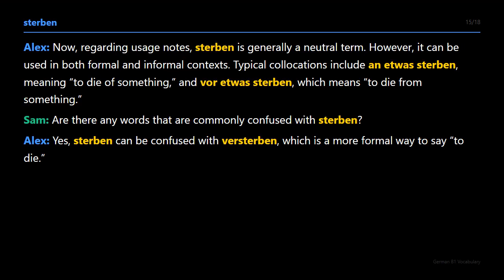Now, regarding usage notes, sterben is generally a neutral term. However, it can be used in both formal and informal contexts. Typical collocations include an etwas sterben, meaning to die of something, and vor etwas sterben, which means to die from something.